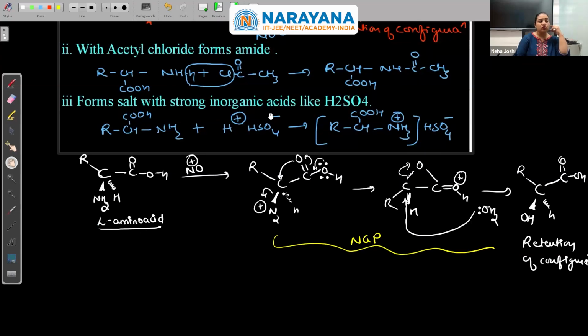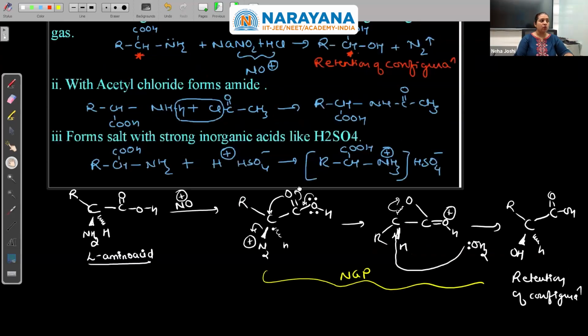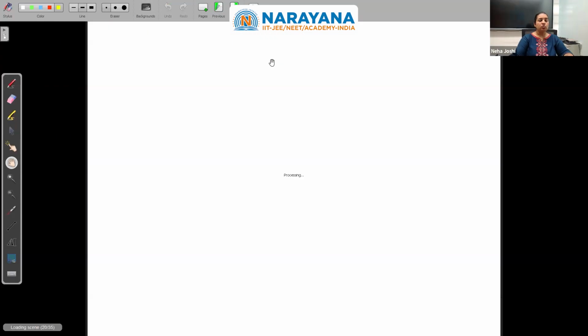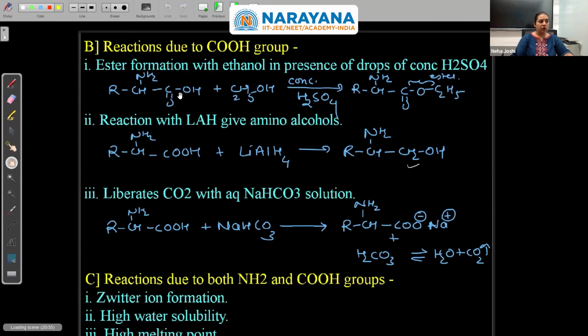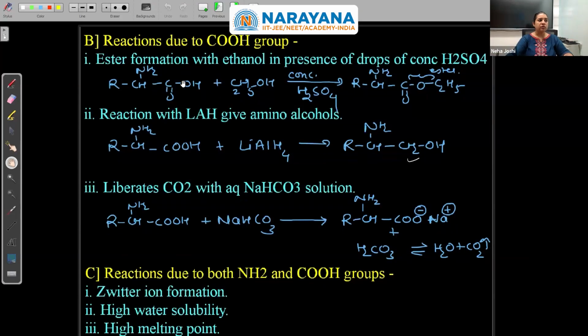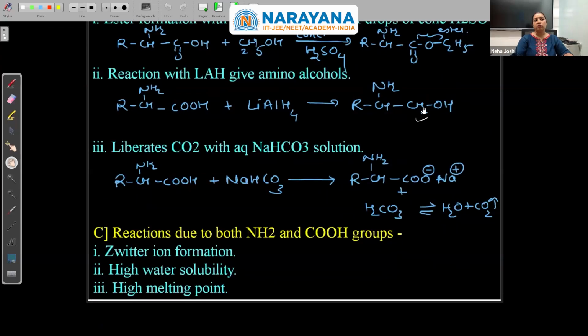It forms salt with strong inorganic acid because NH2 will act as a, rather CO minus will act as a basic center. Right? Because Zwitterion existence is more. Then due to COOH, acid plus alcohol forms ester. That reaction will be observed. If I reduce it with LiAlH4, COOH will be reduced to CH2OH. Okay, no problem.